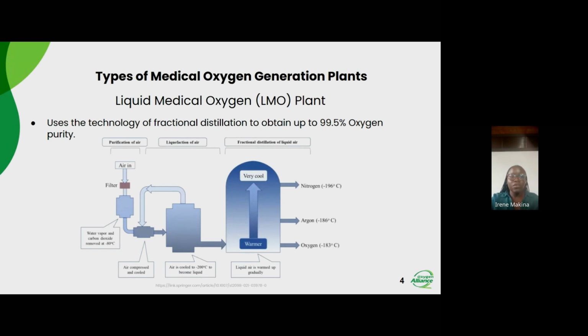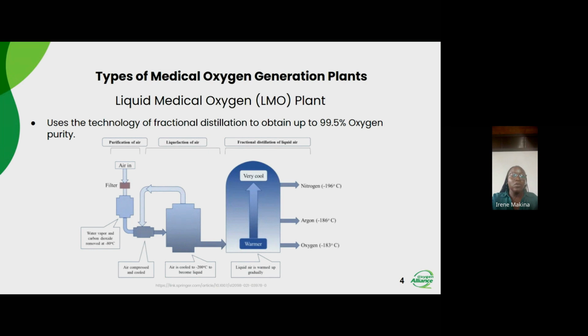This cooled, liquefied, carbon dioxide-free air is passed through a fractioning column warmed at minus 183 degrees Celsius. Since nitrogen boils at minus 195 degrees, it exits the column, leaving behind the liquid oxygen, which is further purified to remove argon. Thereby, we achieve 99% purity, which is stored in cryogenic tanks.